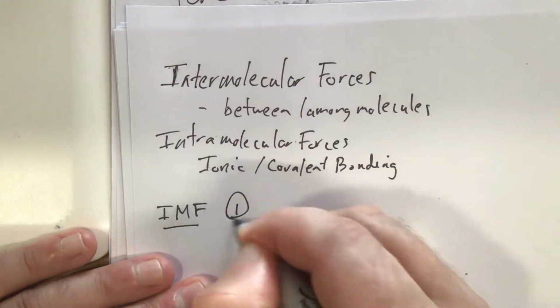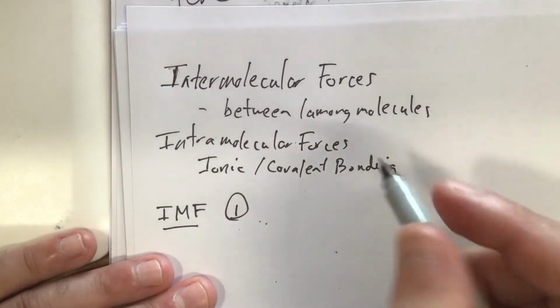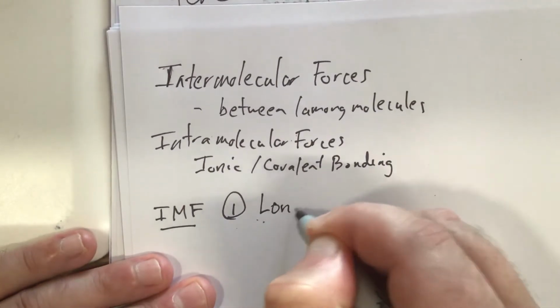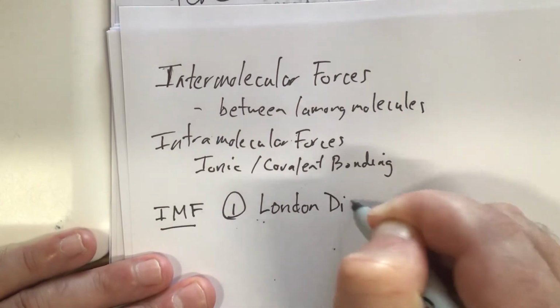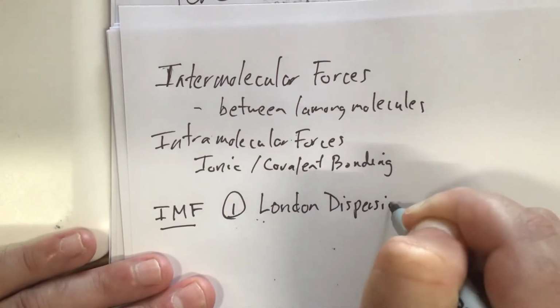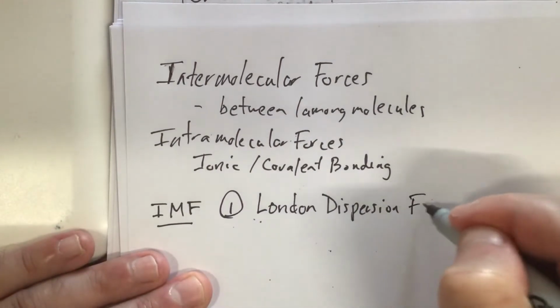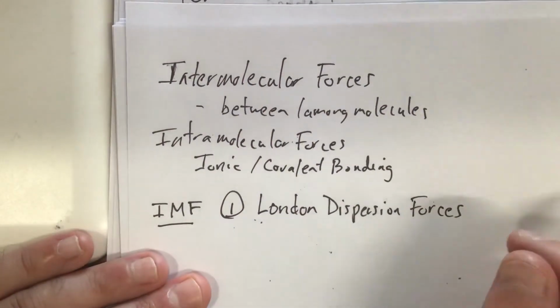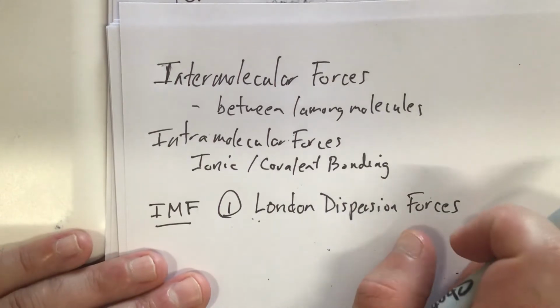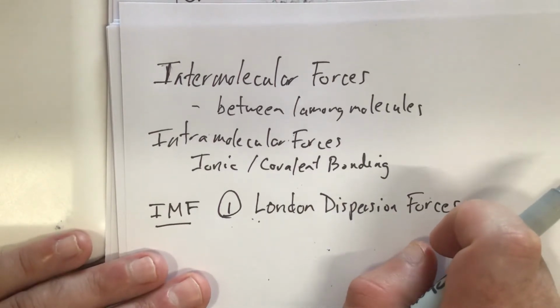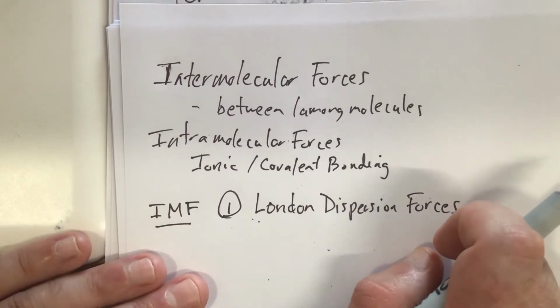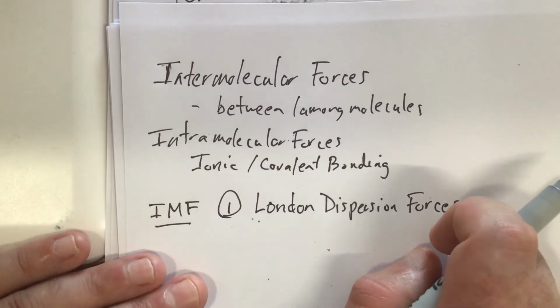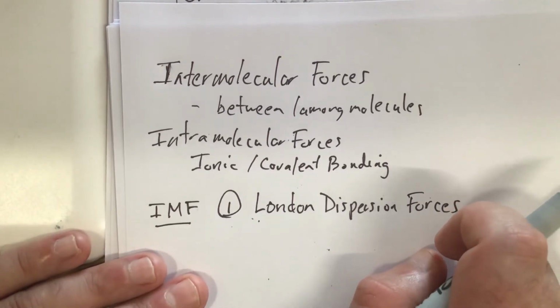The first kind every molecule has, and these are what are called London dispersion forces that all molecules have. So at the very least, for any kind of answer that you can provide with what kind of intermolecular force does it have, a suitable answer is always it has dispersion forces.